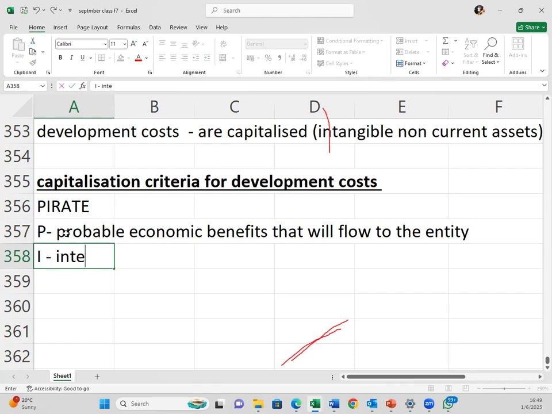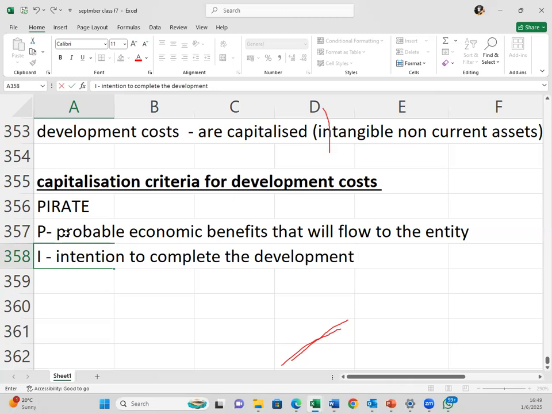Besides the probable economic benefits, we have I, that's intention to complete the development. If we start the development and the organization does not have sufficient resources to continue, or there are issues causing the organization to stop, from that date we treat those as expenses.